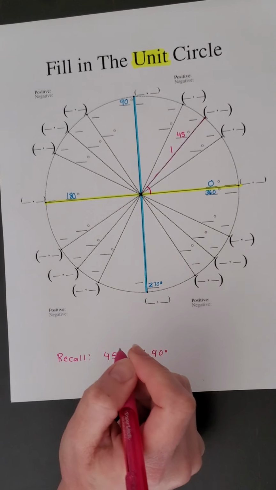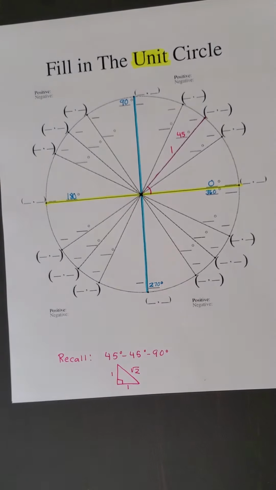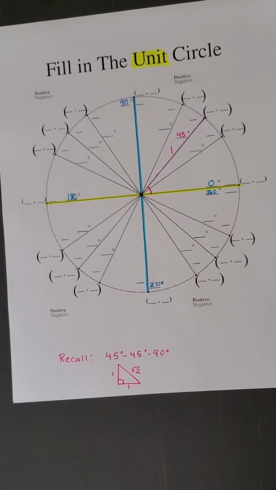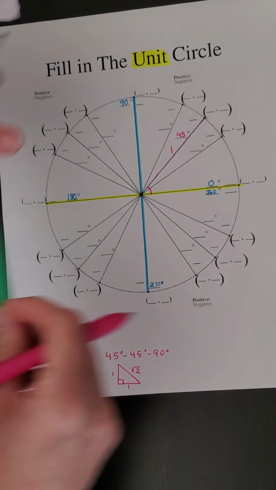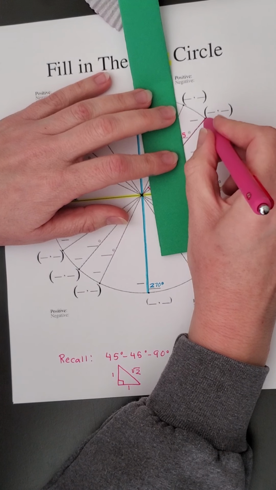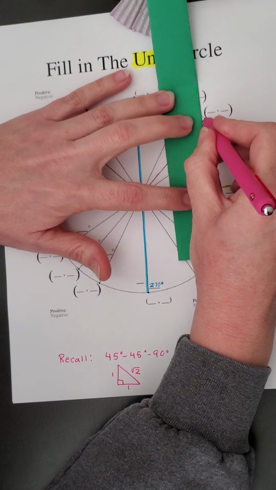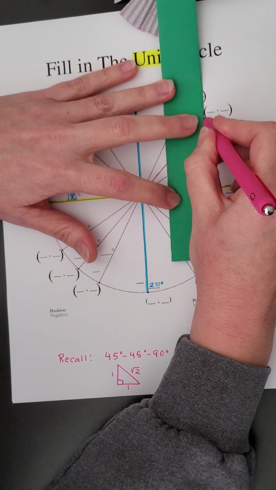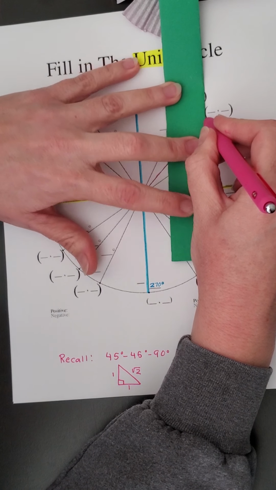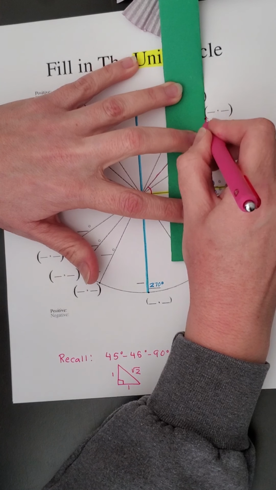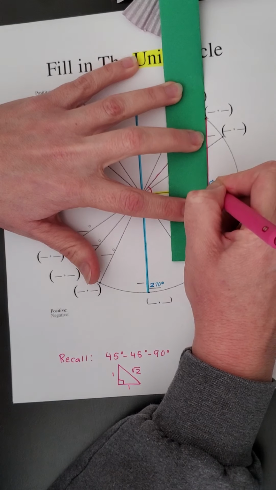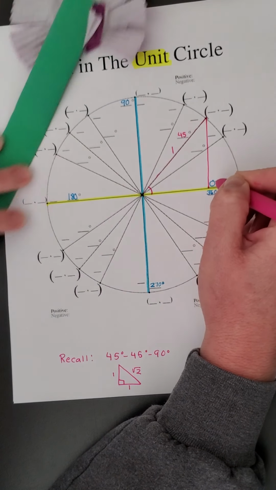So what I'm going to do is I'm going to go ahead and drop an altitude from the radius of the circle straight down to the x-axis.